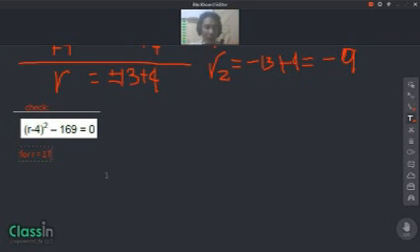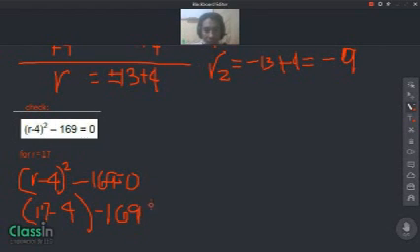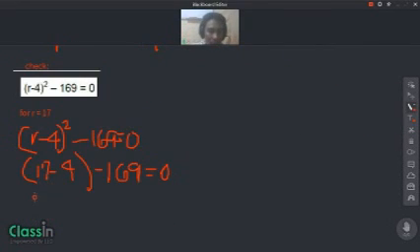Okay, so we will substitute r: r minus 4 squared minus 169 equals 0. Then 17 minus 4 squared minus 169 equals 0. 17 minus 4 is 13 squared here. So 13 squared minus 169.